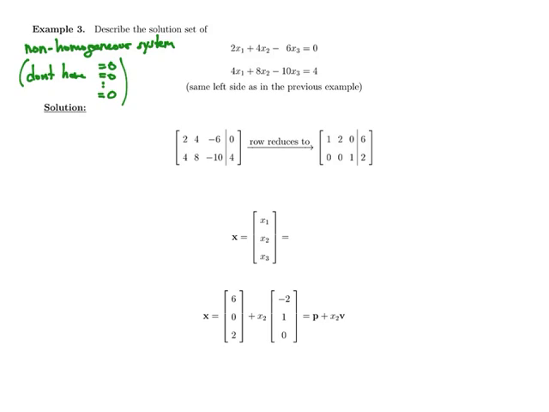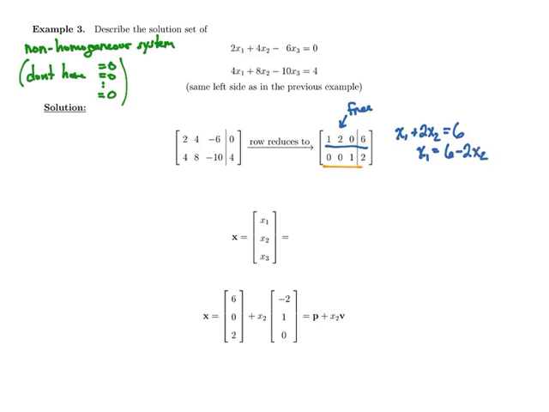So this gives us the equations. First row gives us the equation x1 plus 2x2 is equal to 6. Since x2 is our free variable, we could write this as x1 is equal to 6 minus 2x2.